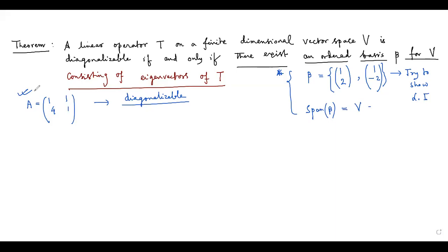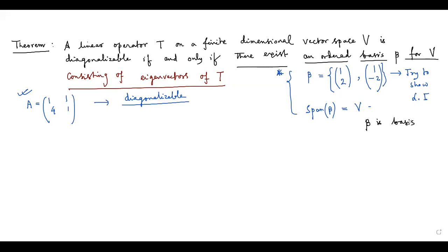Now, if it is a diagonalizable matrix, how to find that diagonal matrix is the important part. What is the diagonal representation of the matrix? Quickly speaking, I'm saying that you will be able to show that beta is indeed a basis for the vector space.